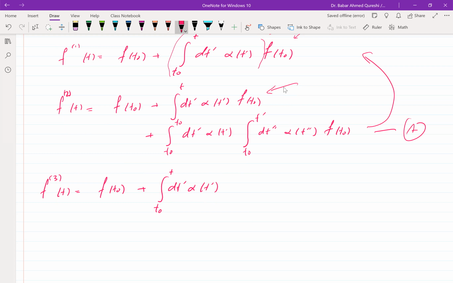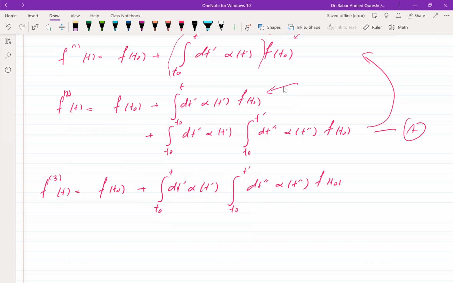So I first have to plug in this integral. That will introduce a double integral, times f of t naught.